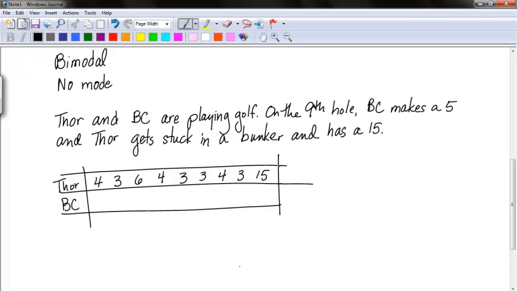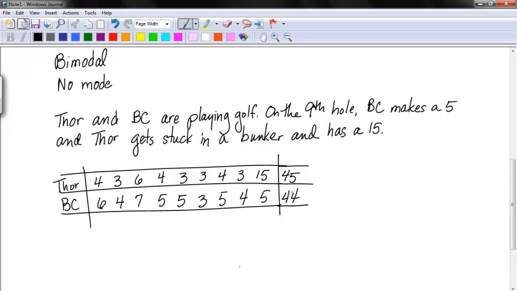If you add those up, he shot a 45. BC scores 6, 4, 7; 5, 5, 3; 5, 4, 5, and shot a 44.